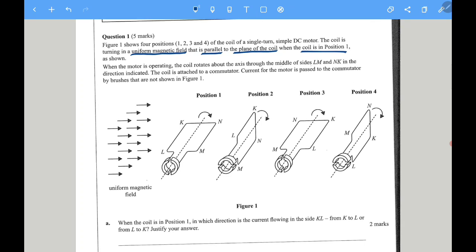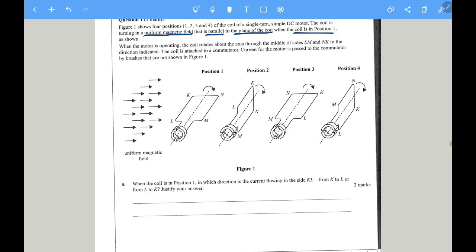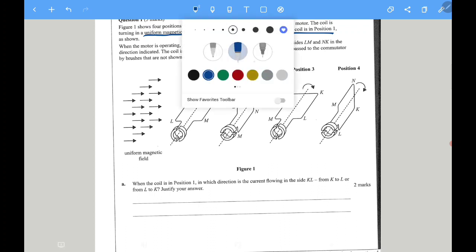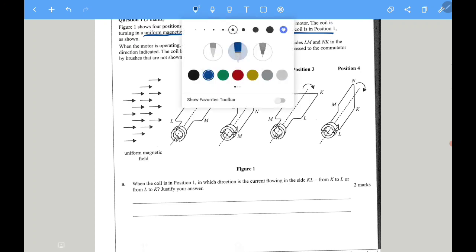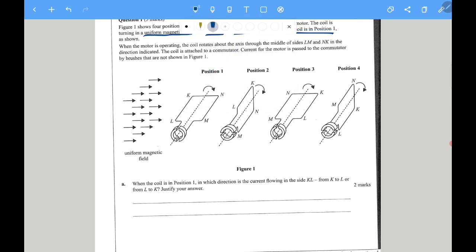We need to find the direction of the force that is acting on side KL. Since our coil is moving in a clockwise direction, our magnetic force will be going upwards.